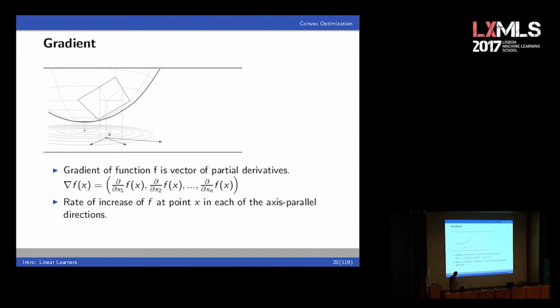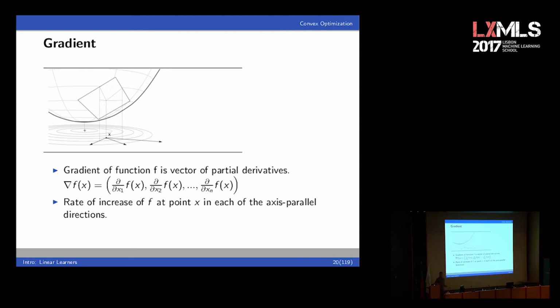So this is the direction of the fastest increase, so up here. So if you want to minimize a convex function, you go in the negative direction of the gradient. So the negative direction of the gradient will always lead you towards the global minimum. So this is the key idea here.